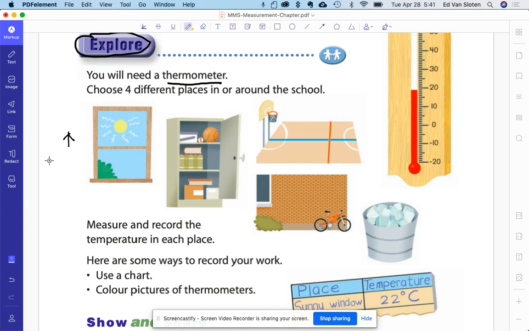That's because the sun is hot. If you put the thermometer right here, then it'll go up a little bit, depending on how hot it is outside. If you put it in a cabinet, then we get something called room temperature.